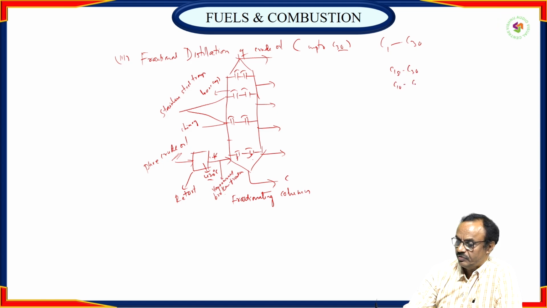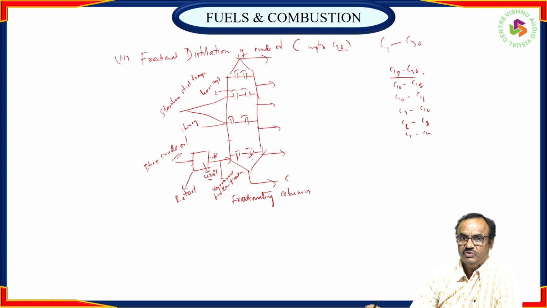C10 to C18, C10 to C16, C9 to C10, next C5 to C8, C6 to C8, C1 to C4. So the crude oil with chain length up to C30 breaks into smaller fractions. The main chain has a minimum of 18 and a maximum of 30 carbons.